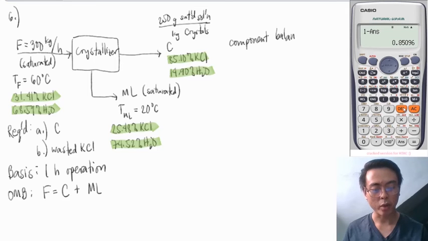Do we have a tie component? If you take a look at your two components, KCl and water, they are present in all of the streams. Therefore, you don't have a tie component. So you can use either a water balance or a KCl balance to complete your solution. Let's go for a KCl balance.